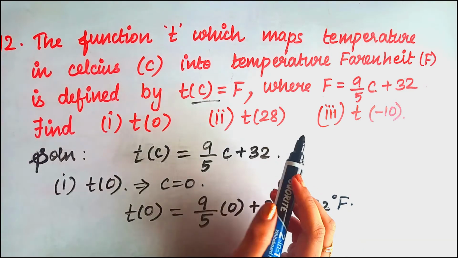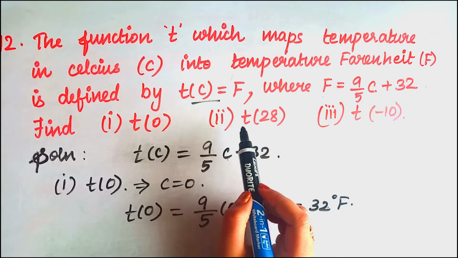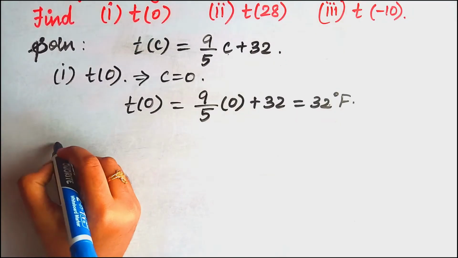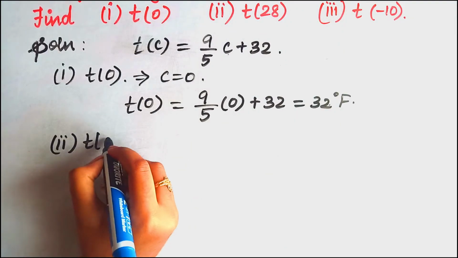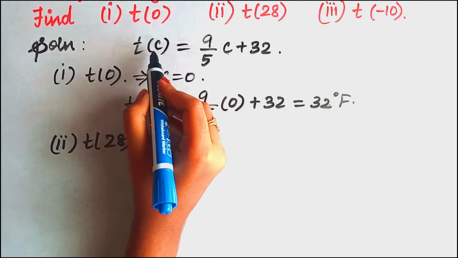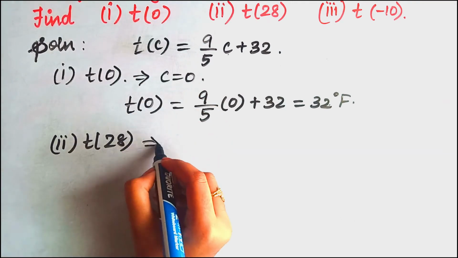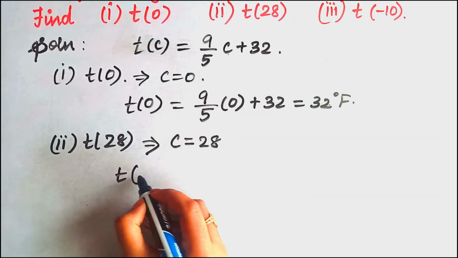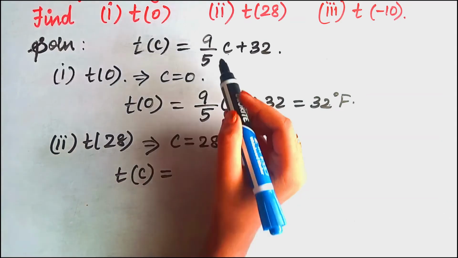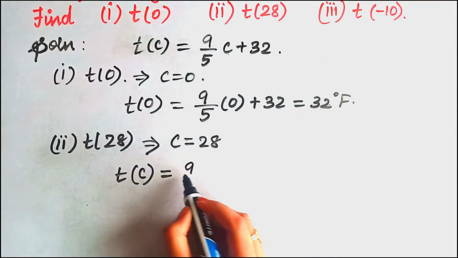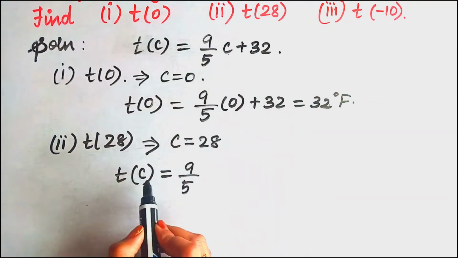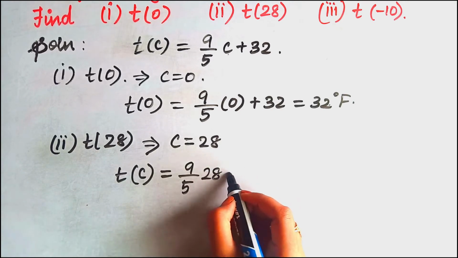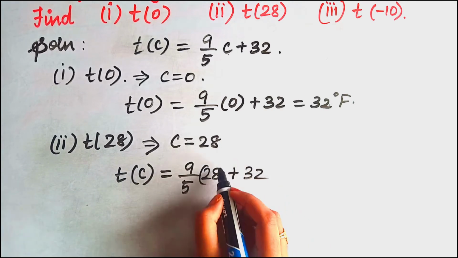Okay, now let's find our second subdivision, which is T of 28. For T of 28, in the place of C we have 28, so you can write C is equal to 28. Therefore T of C is equal to 9 divided by 5, and here there is a C, so instead of C you have to substitute 28, so 28 plus 32.